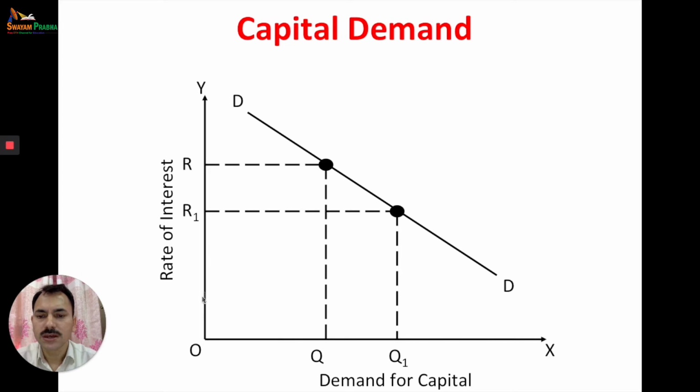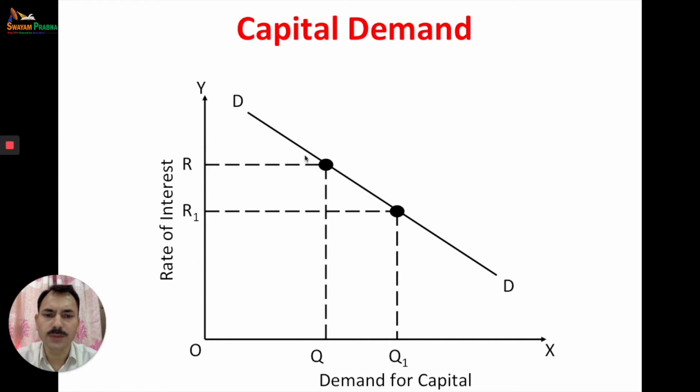Say OR is the rate of interest. When OR is the rate of interest, the demand for capital is only OQ. As the rate of interest decreases from OR to OR1, the quantity demanded or demand for capital increases from OQ to OQ1. Higher the rate of interest, lower the demand for capital OQ; lower the rate of interest OR1, the demand for capital increases from OQ to OQ1.